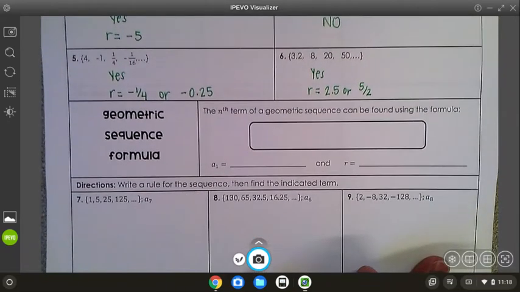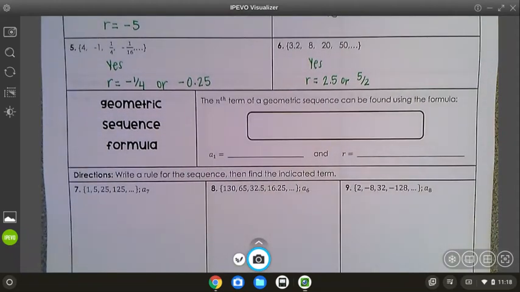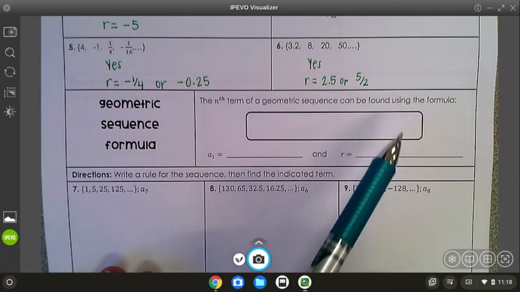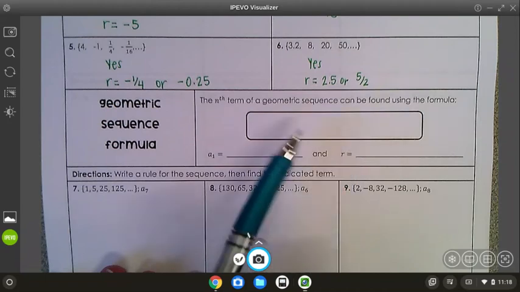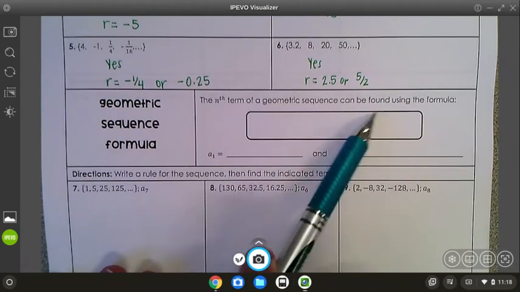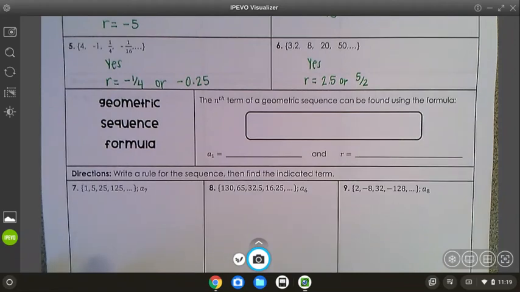All right, just like arithmetic, geometric sequences have their own formula, but this one is a little bit easier, because you don't have to simplify anything. So with arithmetic in advanced algebra 2, you had to do some extra work. You don't have that with geometric.